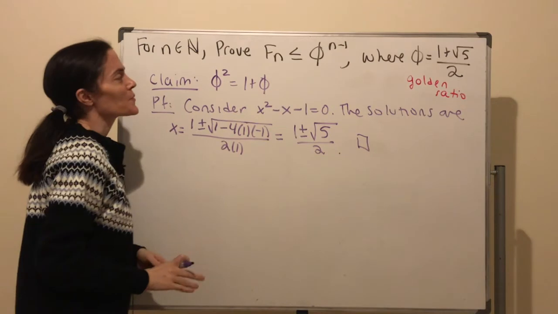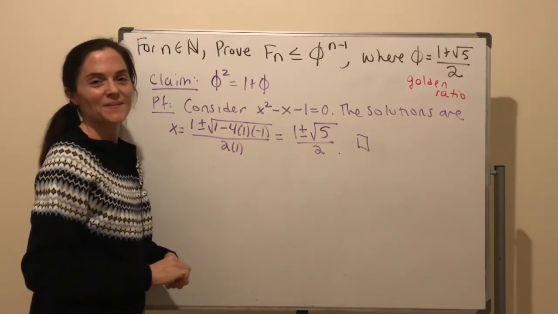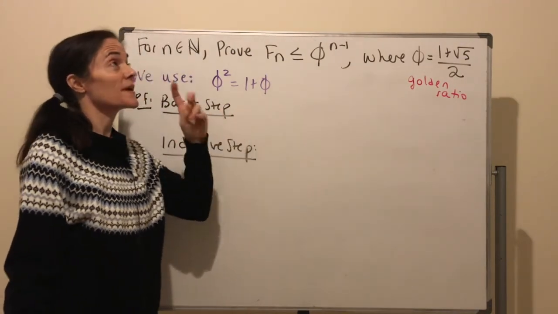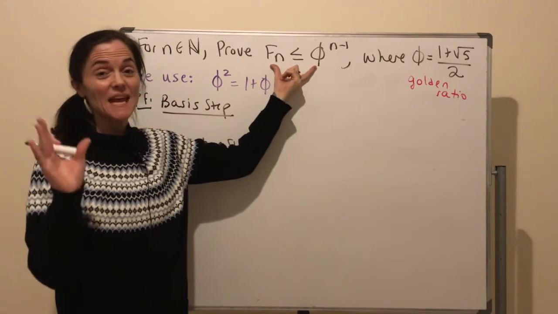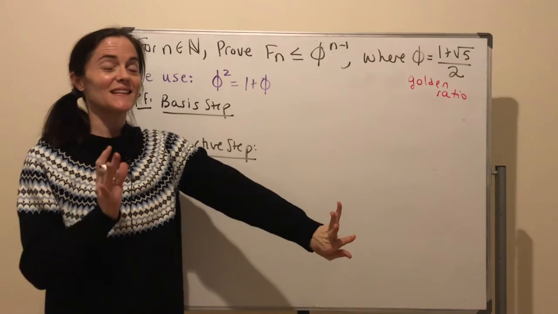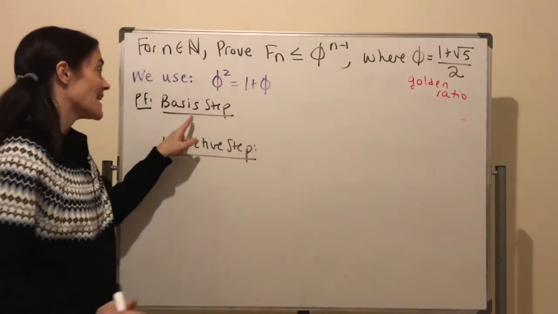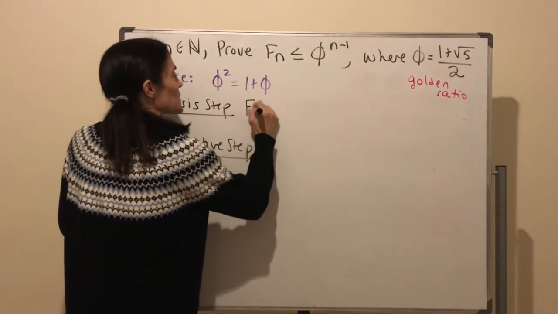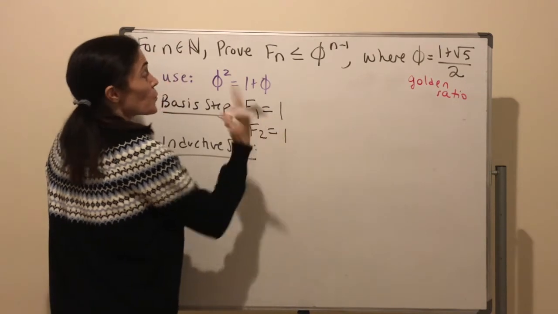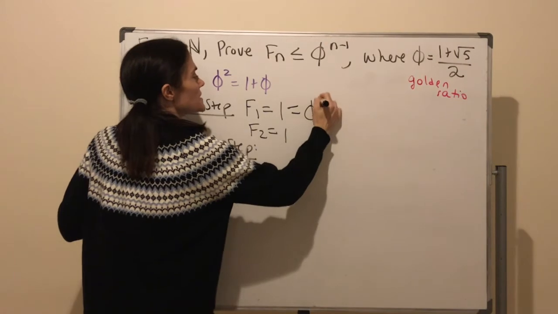Now we will prove this upper bound on the Fibonacci numbers fn using strong induction. This is our first example where we will need this statement for both k and k minus 1 in order to prove it holds for k plus 1. So this means 2 cases to check in our basis step. This would be f1 and f2. These are both 1. f1 is 1. This is equal to phi to the 0.